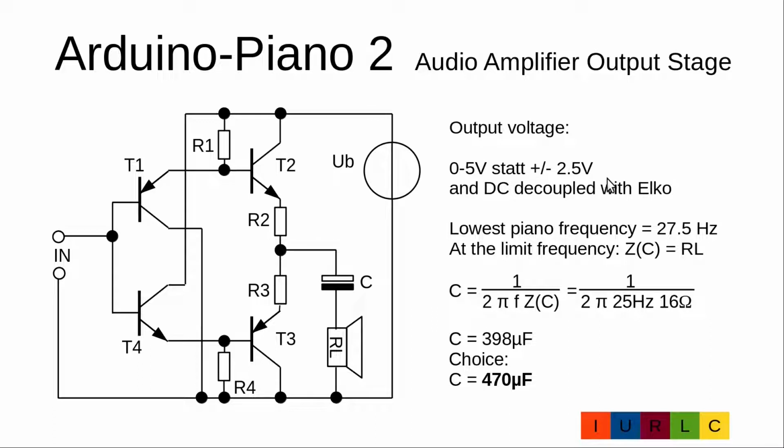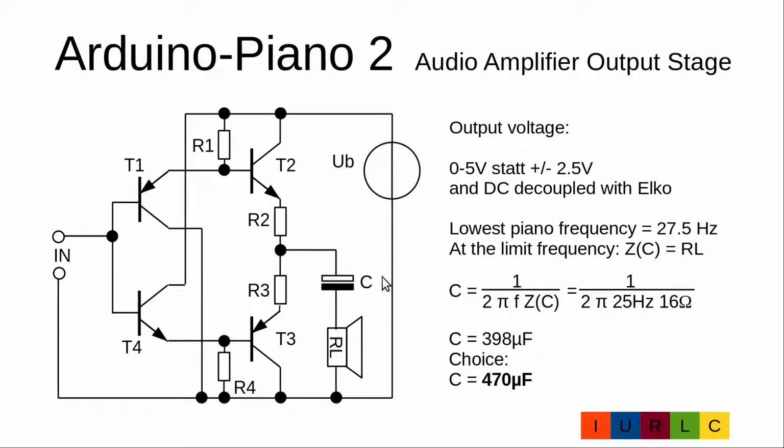To get this, we decouple the DC part of the output signal with a capacitor from the loudspeaker and connect the loudspeaker via the capacitor on one end and the other side of the loudspeaker on the negative supply line.